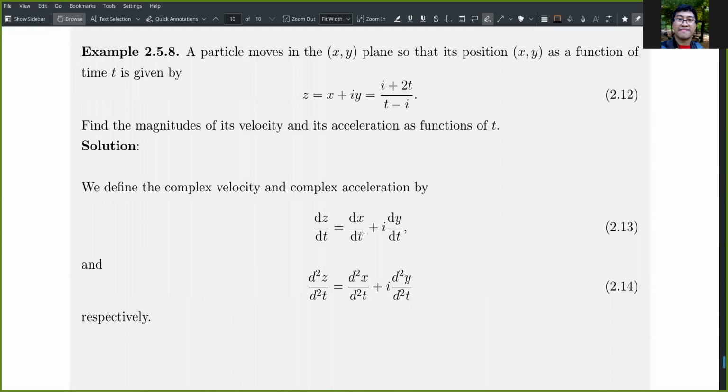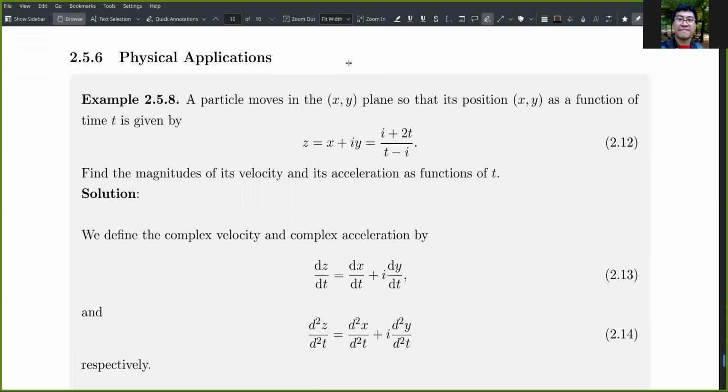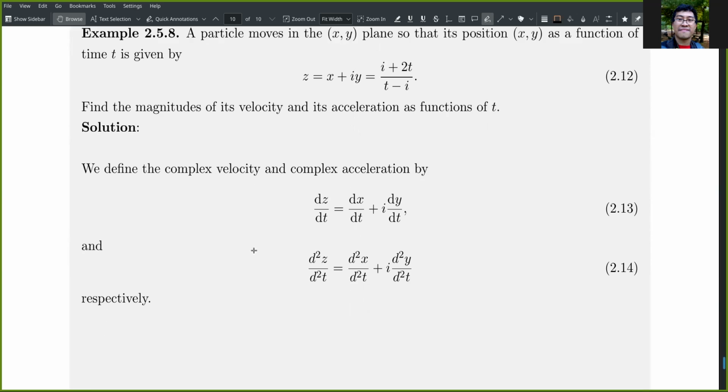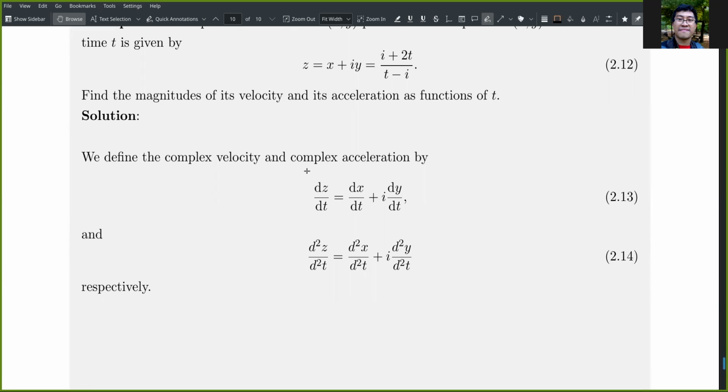Now finally, let's consider a particle moving in the xy plane. Its position xy is a function of time t given by this expression. We want to find the magnitudes of its velocity and its acceleration as functions of t. Let's define the complex velocity and complex acceleration by this expression.